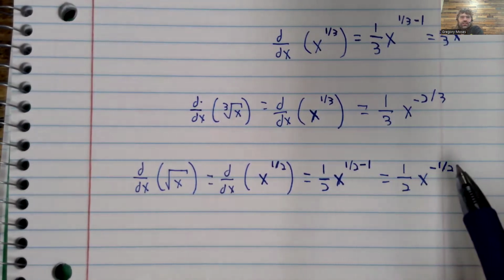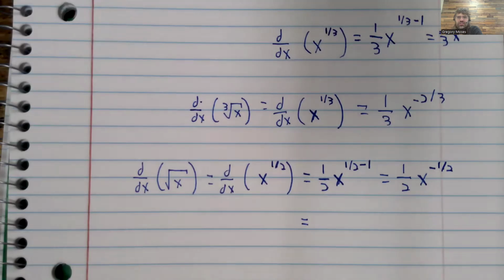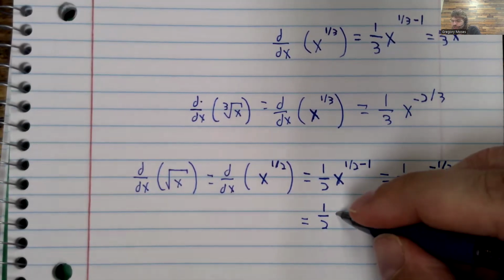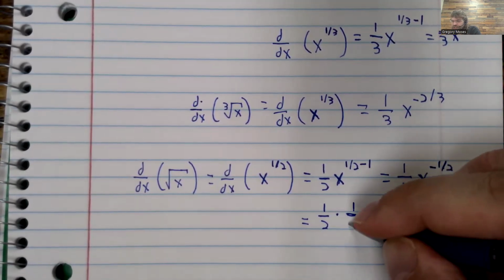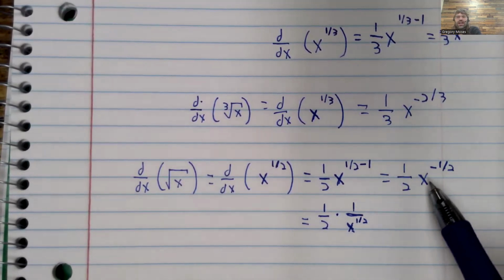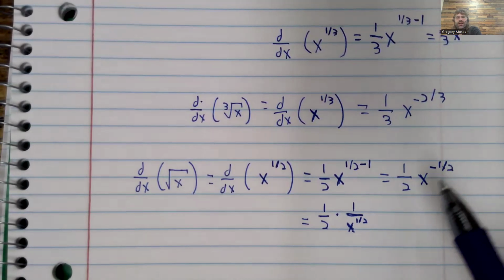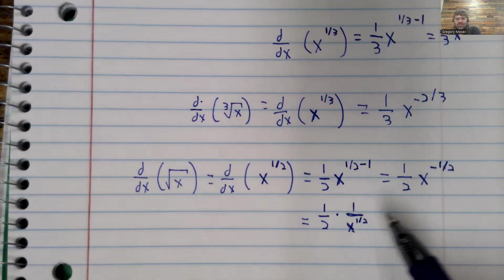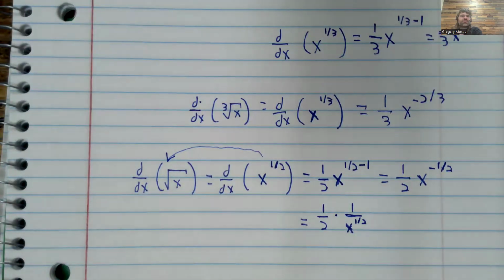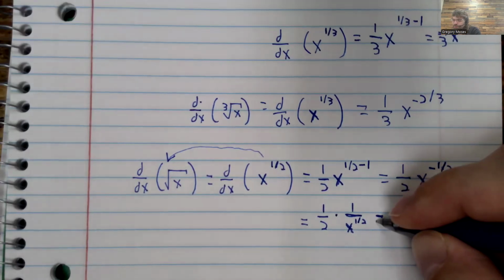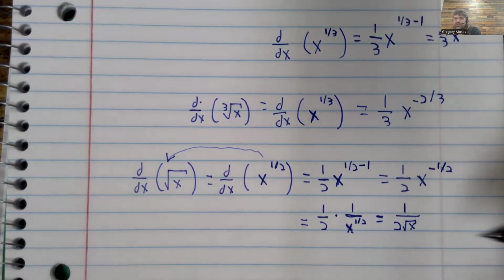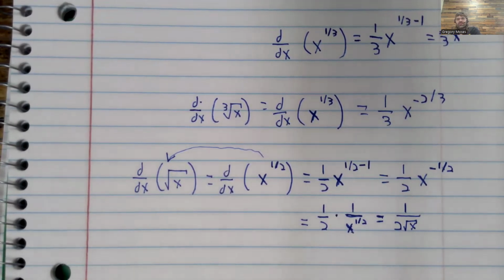Although this is often written differently, algebra simplification time. A negative exponent is the same as a positive exponent in the denominator of a fraction. So x to the negative 1/2 is 1 over x to the positive 1/2. What's x to the positive 1/2 again? That's just another way of writing the square root. So this is 1 over 2 times the square root of x.